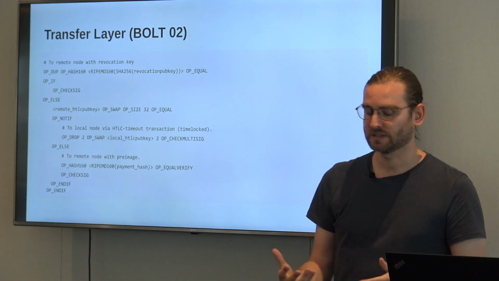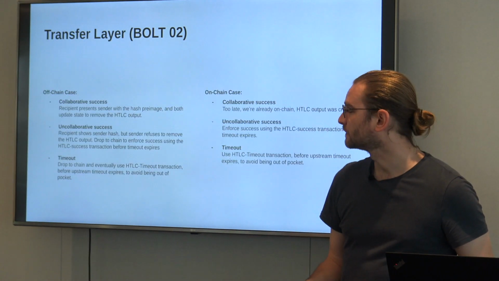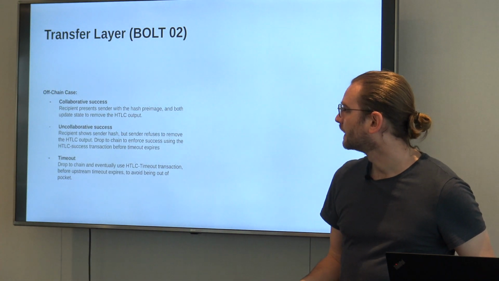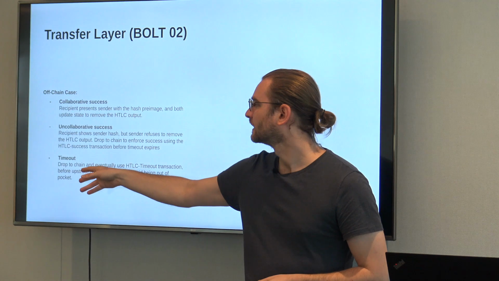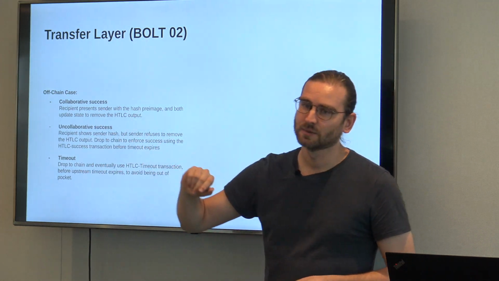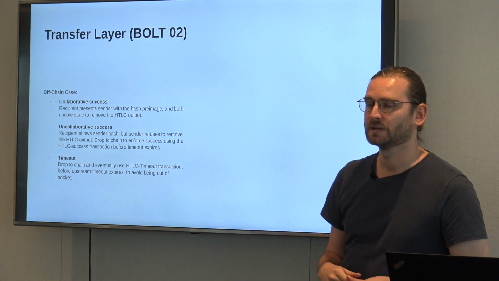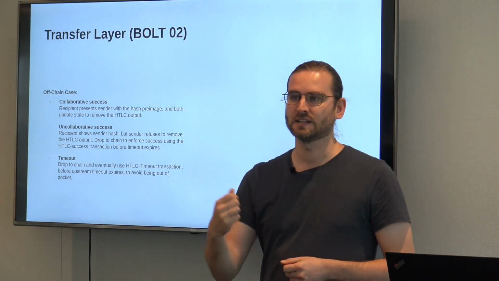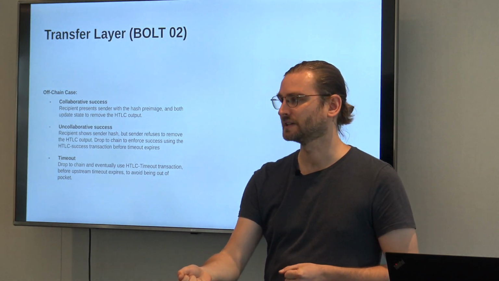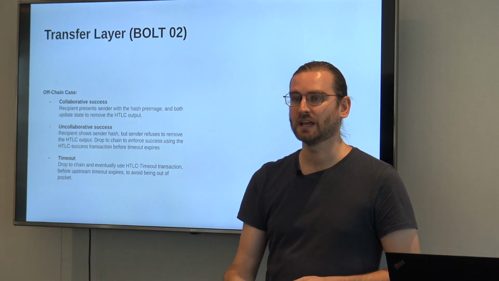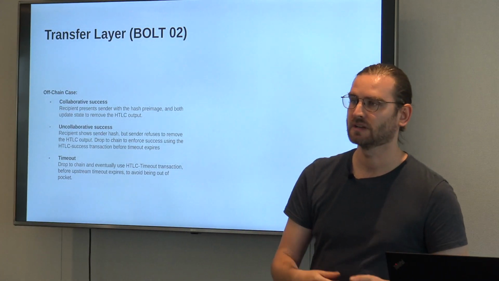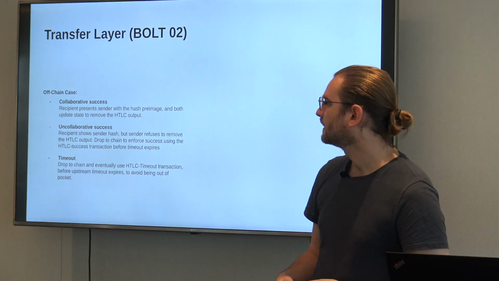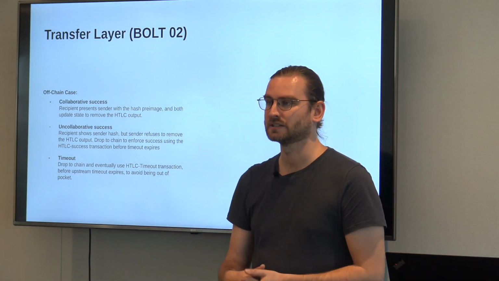We have two possible outcomes here, the success and the timeout case. In the success case, it's me extending a promise to my counterparty, saying, hey, if you can provide me with a secret that hashes to A, then you can get this money.